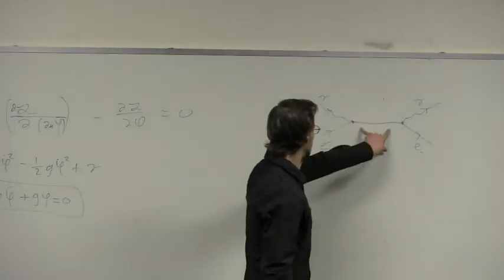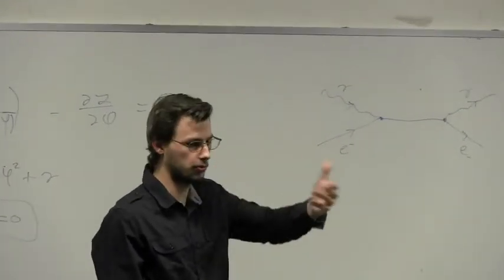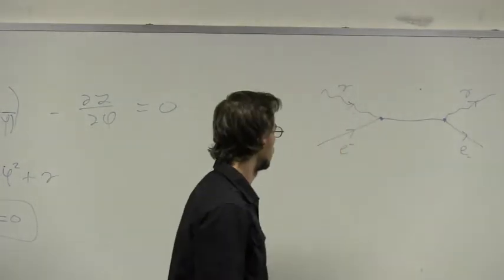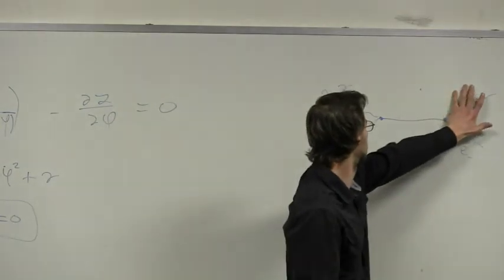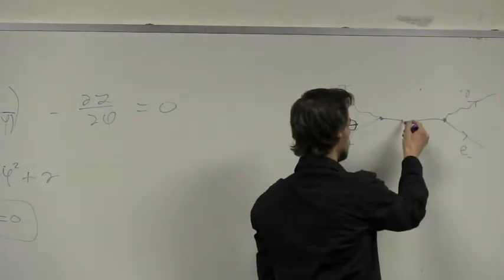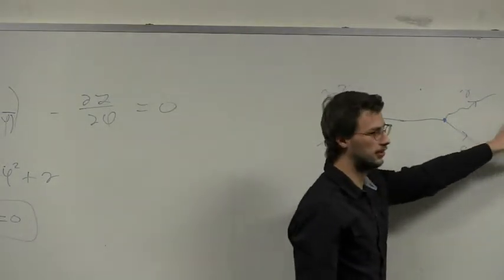What happens here doesn't matter too much, and is usually called a virtual particle, something that facilitates the interaction. Because we don't measure here, otherwise we would cut it off, and then this is a whole new physical situation. What you measure is, you send these two particles in, and you get these out.